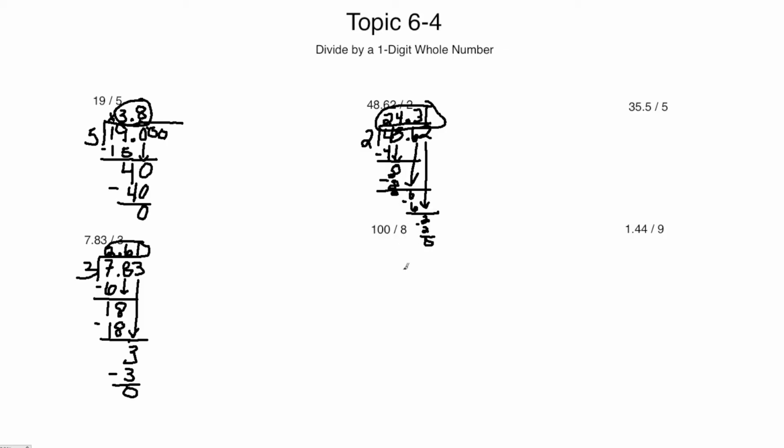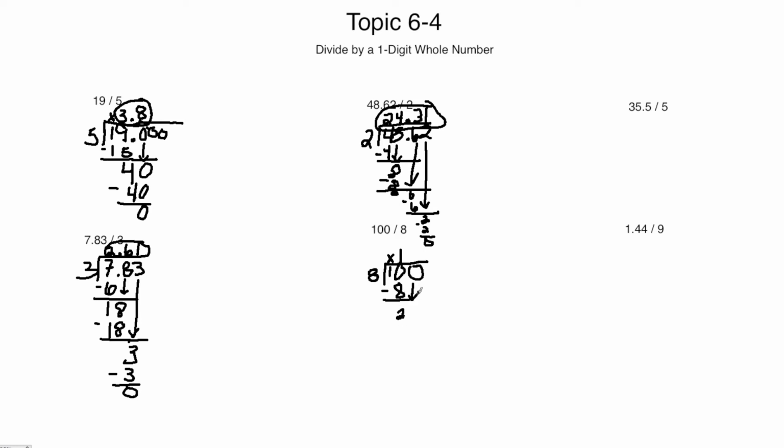Okay, let's do this problem. Go ahead and push pause and see if you come up with the same quotient as I do. Our dividend is 100 divided by our divisor, 8. I don't see any decimals. Can 8 go into 1? No. Can 8 go into 10? Yes, one time. 1 times 8 is 8. 10 minus 8 is 2.